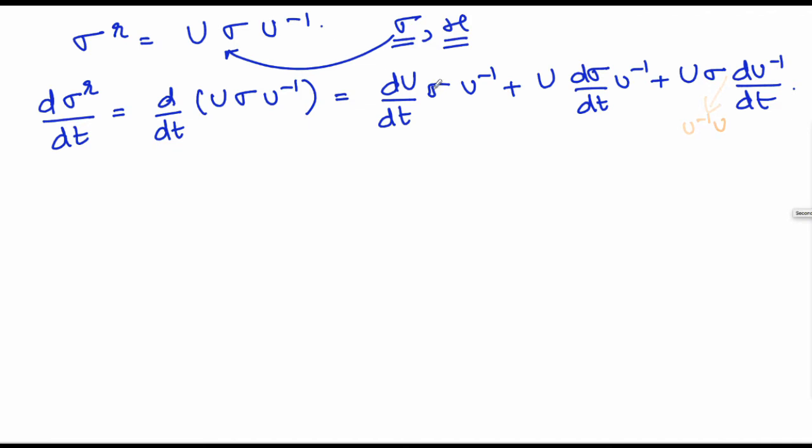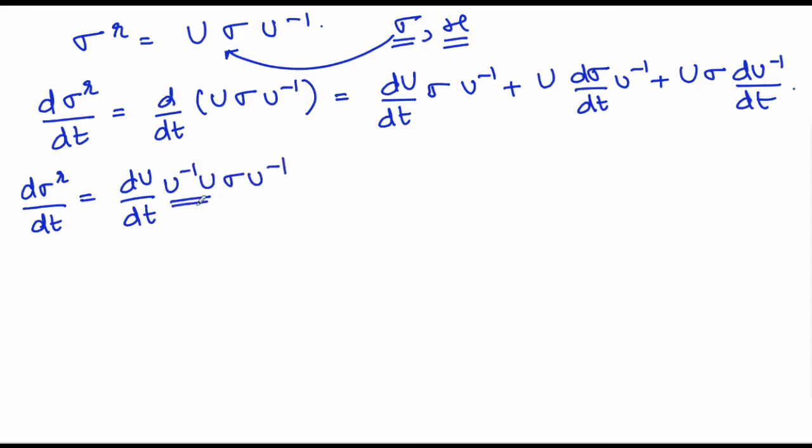And in addition, what I'll be doing here is inserting a U inverse U, since that will be equal to identity. This can be done. And similarly here, I'm going to be introducing a U inverse U. We will see why we would do this to make our life easy. So d sigma R over dt will now be given by dU by dt U inverse U sigma U inverse.